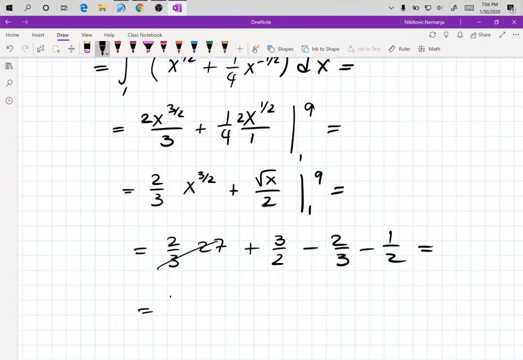That cancels to 18. 3/2 minus 1/2 is 1. 18 plus 1 is 19, minus 2/3. 19 times 3: 20 times 3 is 60, minus 3 is 57, minus 2, so 55 over 3.